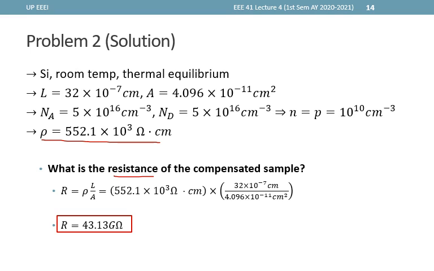So here we note that for this dimension, for a fully compensated semiconductor at room temperature, at thermal equilibrium, then we can get something at 43.13 gigaohms.